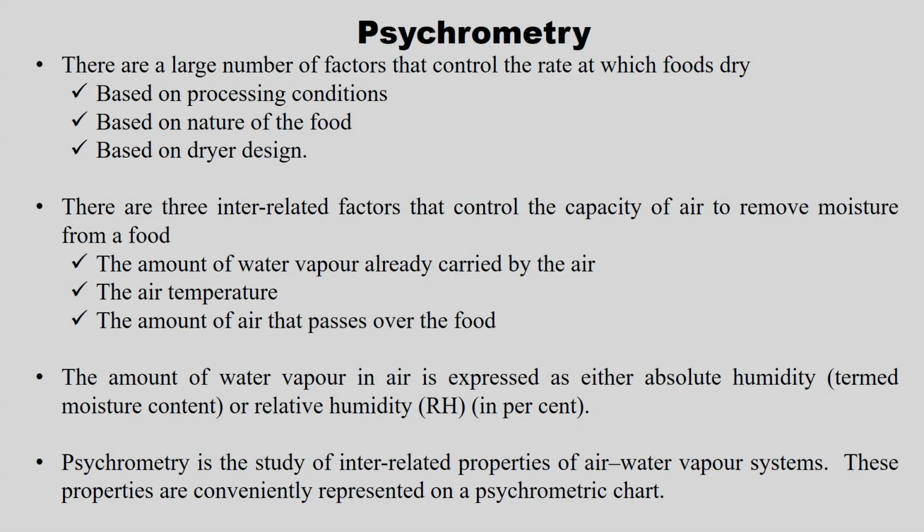And before going into the main classification of dryers, or the various dryers used in the industry, we also should know a little bit about psychrometry. I am not going into detail, but the drying conditions, right, in the first slide itself we have told, the drying conditions used are very important to maintain the nutritional value of the food as well as the food quality, right. So, for the drying conditions to be chosen, the 3 important parameters are the relative humidity of the air, the temperature of the air, as well as the velocity of the air.